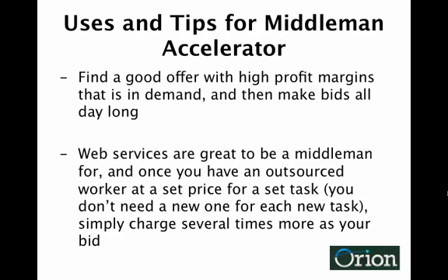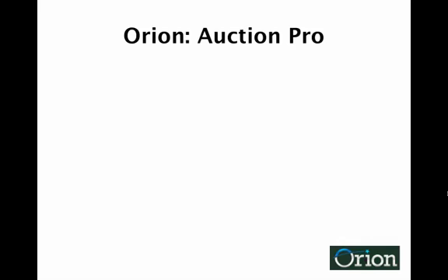And once you have an outsourced worker at a set price for a set task, again, it's not like you need a new worker for every single new task or new job. You can just have one deal in place with one outsourced worker and send them new sales all day long. And you simply charge several times more as your bid. So again, if it costs you $20, charge at least 5 or 10 times more. And again, easy money for you.